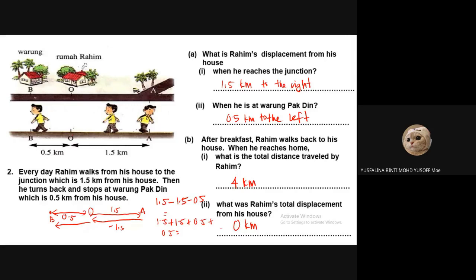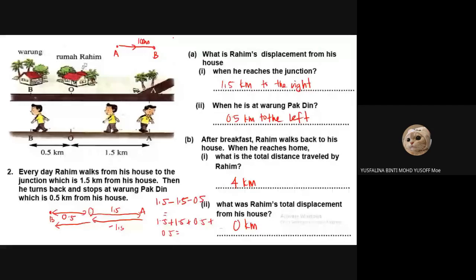So let's say I have this. This is point A and this is point B. Let's say the distance here is 100 meter. First I say Kamal walks from A to B. If he moves forward, it is positive 100 meter.